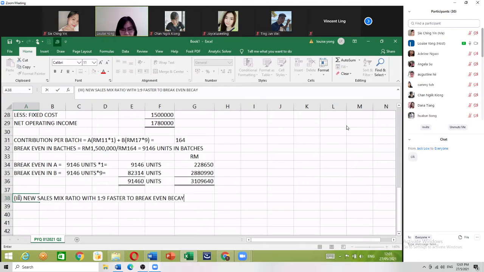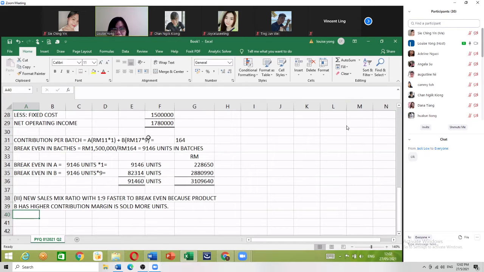Okay, why? Because product B has higher contribution, the higher contribution margin, and is sold more units, so it is faster. Because product B has 17 dollars contribution, A is 11, so when it sells more B, 9 units versus 1 unit, that's why the second option breaks even faster.